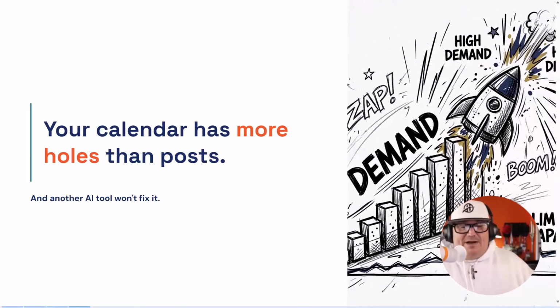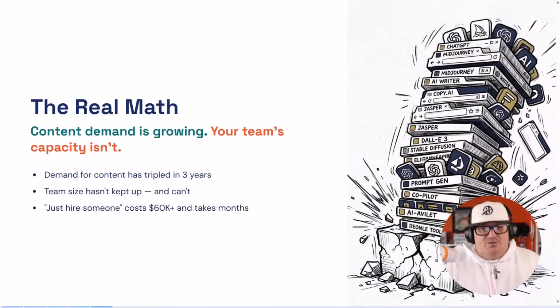And somewhere along the way, somebody said, hey, here's a good idea, let's use ChatGPT or some other AI tool. And so now you've got 3 humans or 1 human and a ChatGPT tab, and the calendar still has holes, or even worse, it's got content that doesn't build trust and doesn't move the needle.